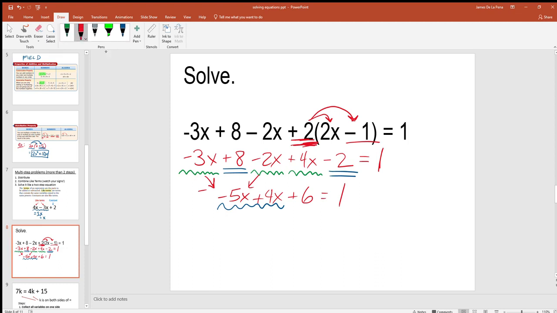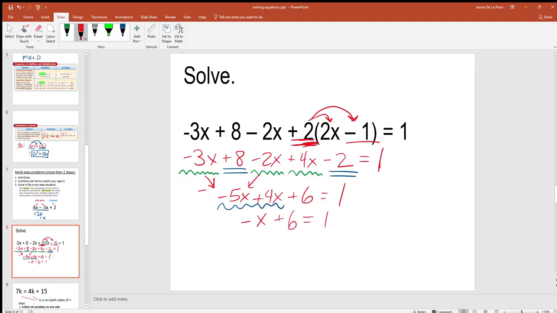We add those together, positive and negative, and that gives me negative 1x, so negative x. Then we have plus 6 equals 1.